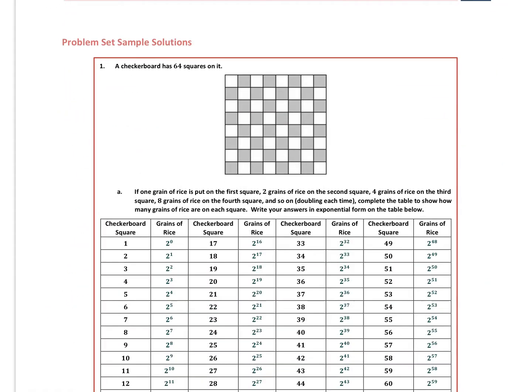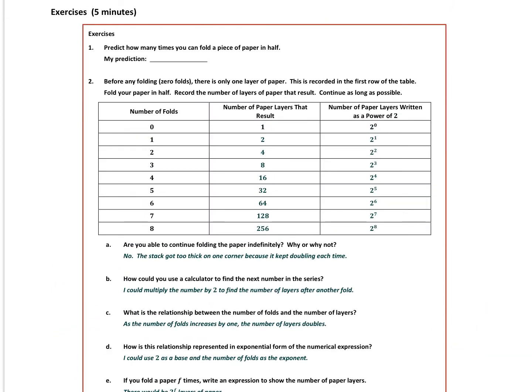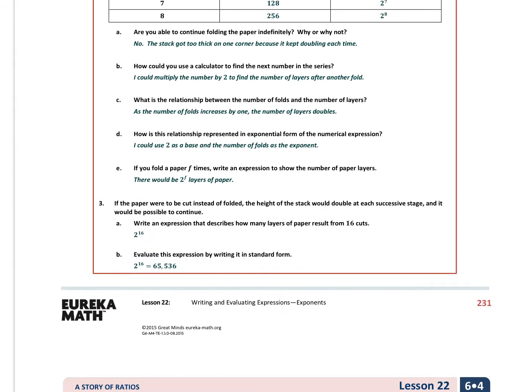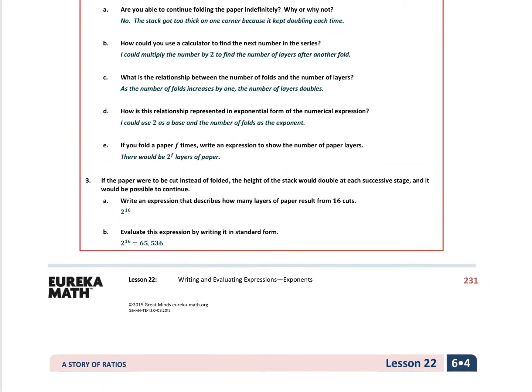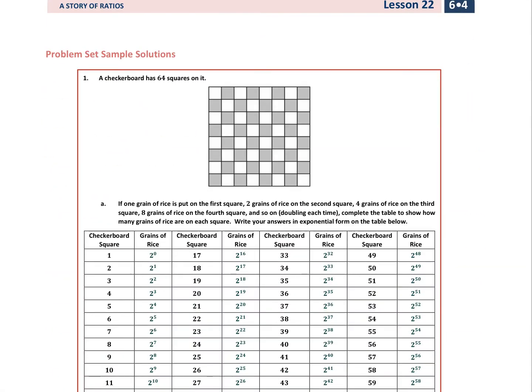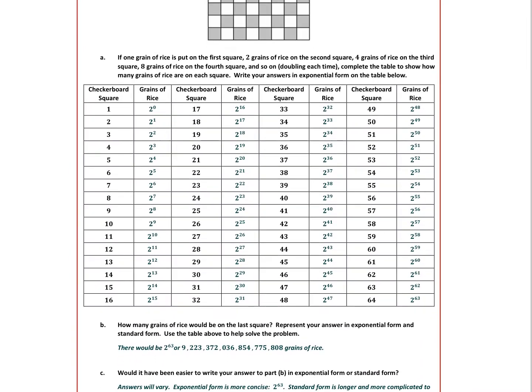The checkerboard problem. Anyway, the checkerboard problem is super crazy, but basically it's saying on the first checkerboard square you have, and you should look carefully at this, the first checkerboard square was 2 to the 0, right?